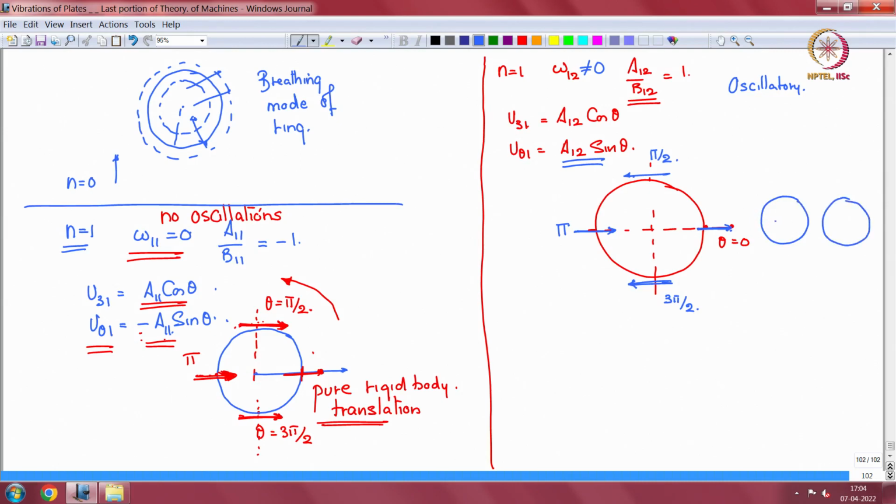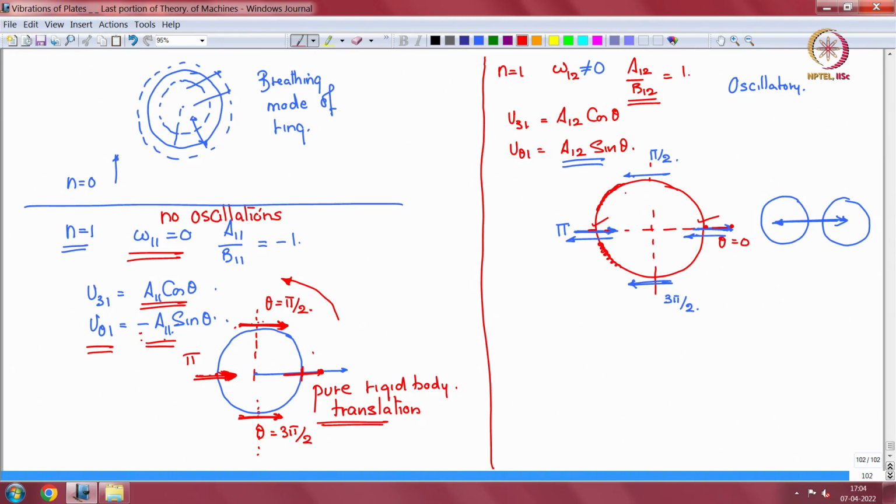This ring is oscillating back and forth. In one instance both ends are like this, in another instance both sides will be like this, and so forth. But when it is like this, the torsional points are bunching over here.